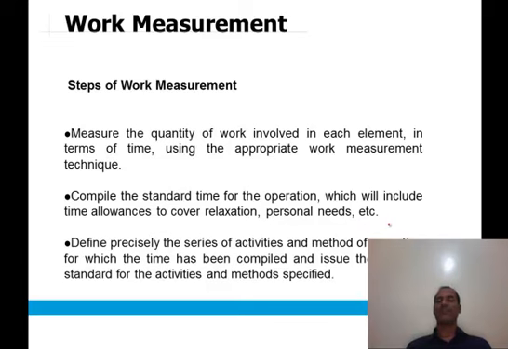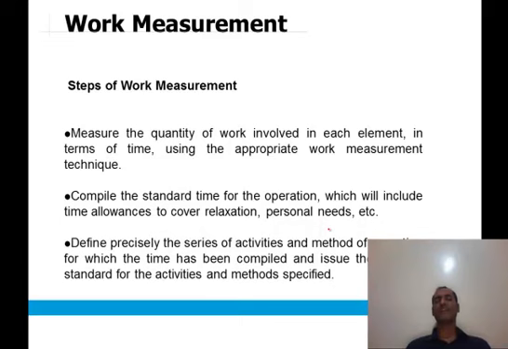We have to calculate the standard times, and we add some waste time or some allowances, that is to cover relaxation and also to cover the performance of the operators or machines.